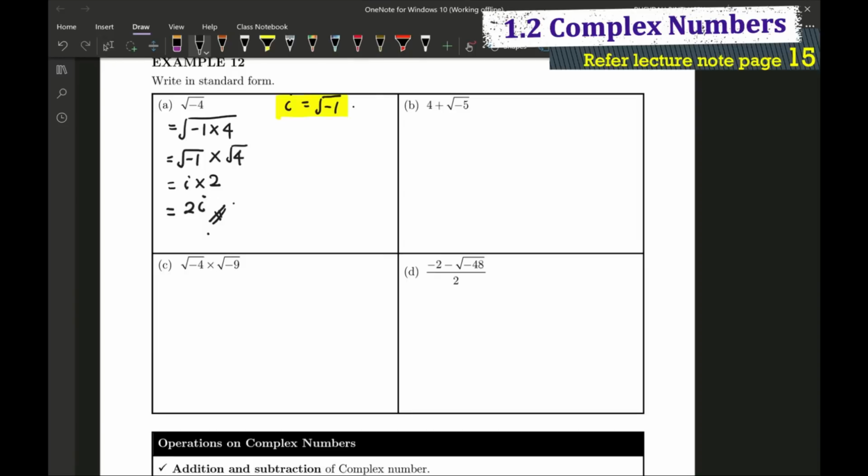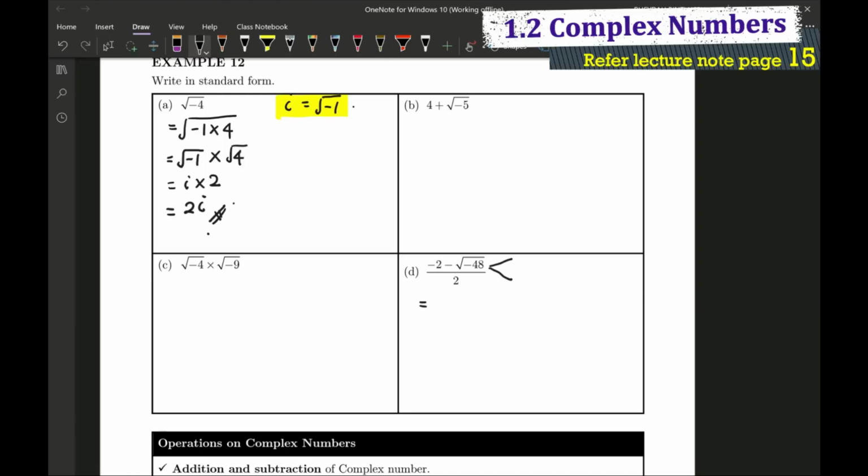Whereby we have negative 2 minus the square root of negative 48, divided by 2. So again here, okay, the square root of negative 48 we can break up.